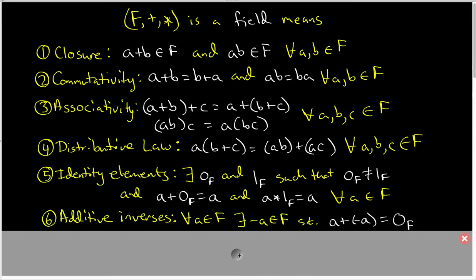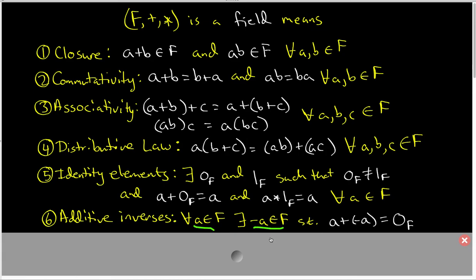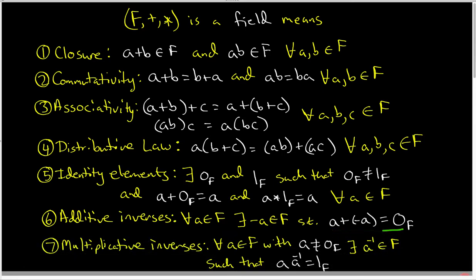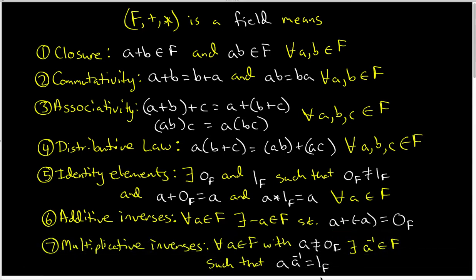We also have to have additive inverses. For every element inside the field, there is a minus A inside the field, such that A plus minus A is equal to the additive identity element, in other words, the 0. And finally, everybody except for 0 has to have a multiplicative inverse.